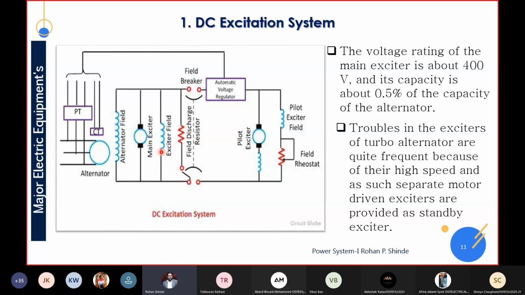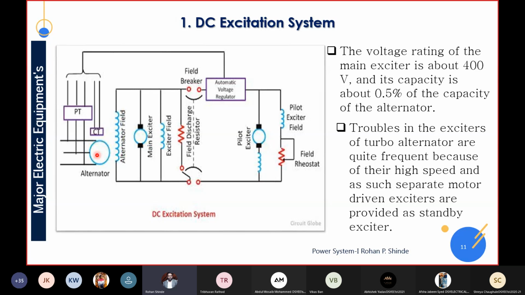The troubles in the exciters of the turbo alternator, see here, this is the turbo alternator, right? So troubles in the excitation of the turbo alternator are quite frequent because of high speed, and as such a motor driven system is provided as a standby exciter. Okay, see here, we know that some turbo alternators are there. In the turbo alternator we know that the speed is high, right?